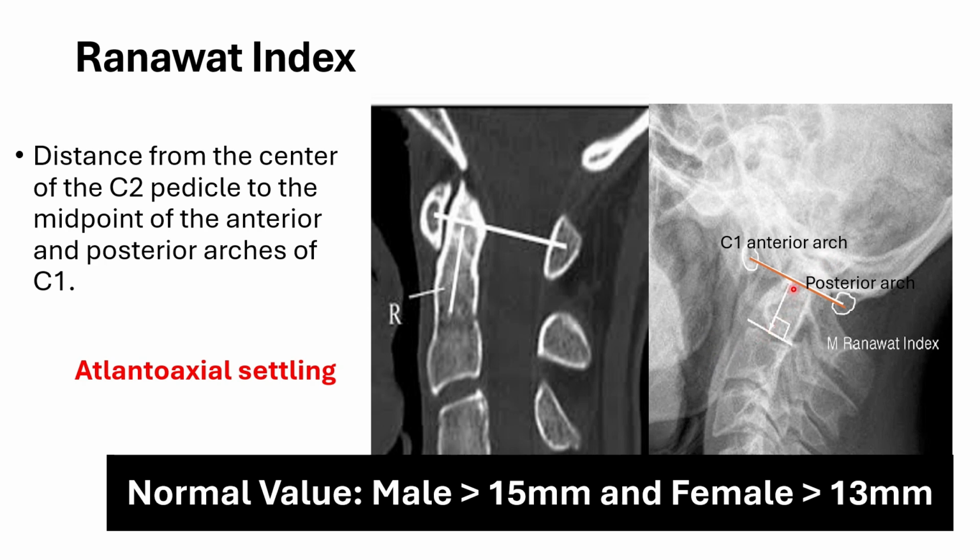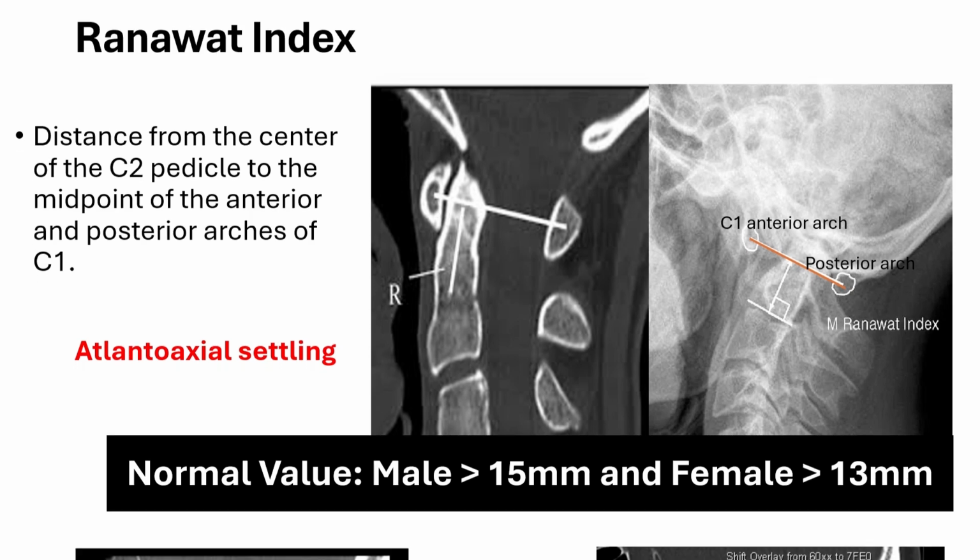If there is upward migration of the dens into the skull, then this will lead to reduction of this value, and this will cause atlantoaxial settling, which is also called basilar invagination, and this is the acquired cause of basilar invagination.